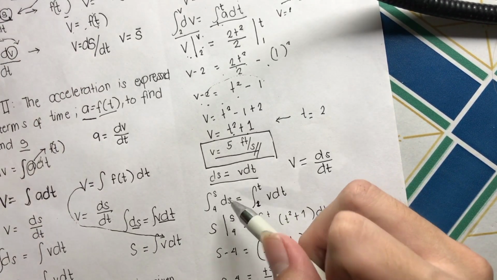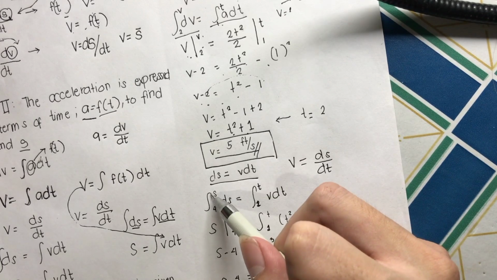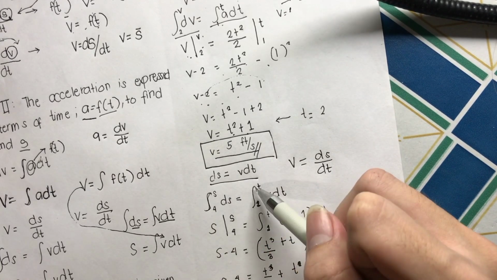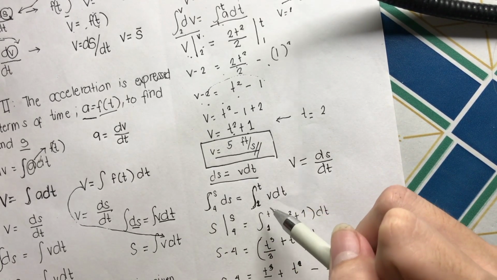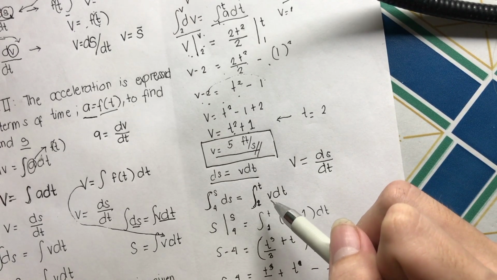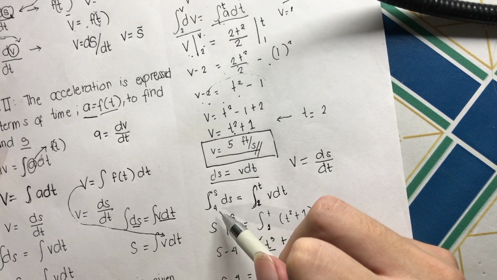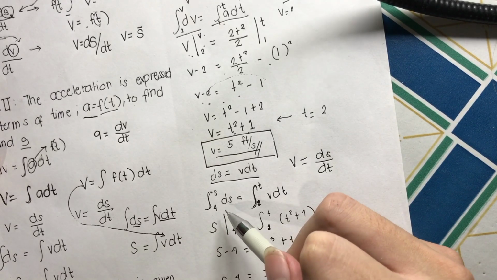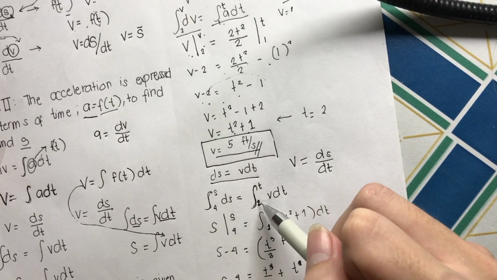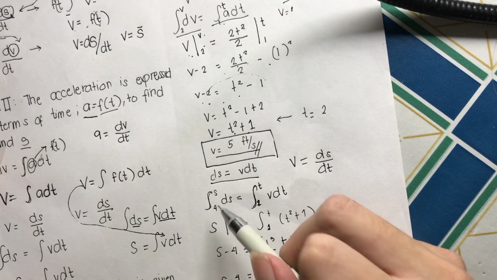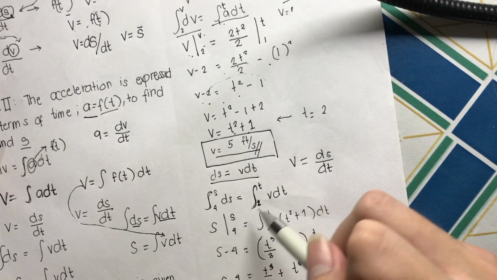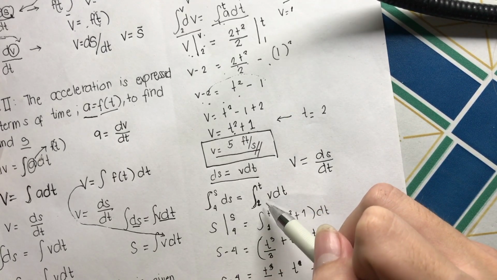We must integrate both sides and use the limits, which are when s equals 4 feet, t equals 1 second.